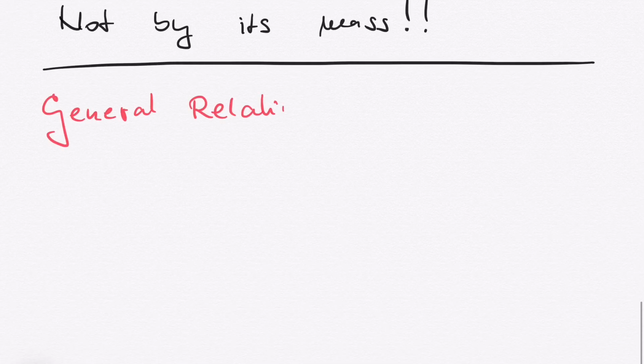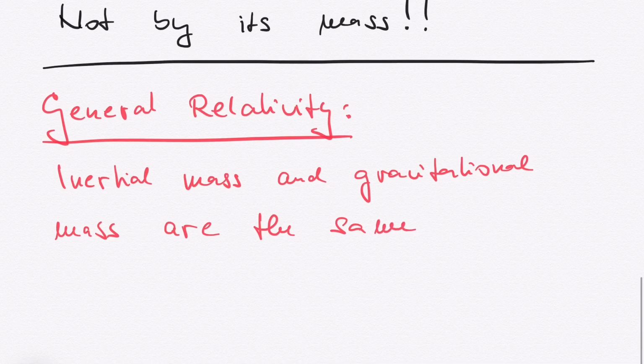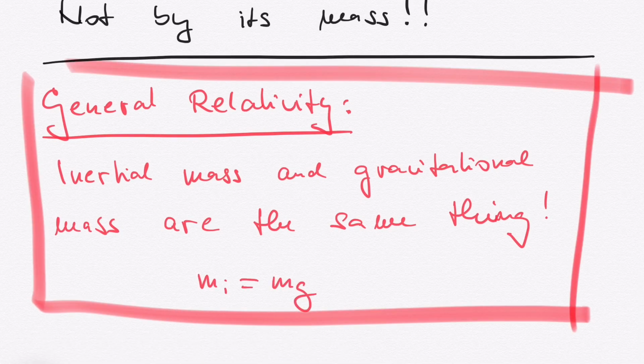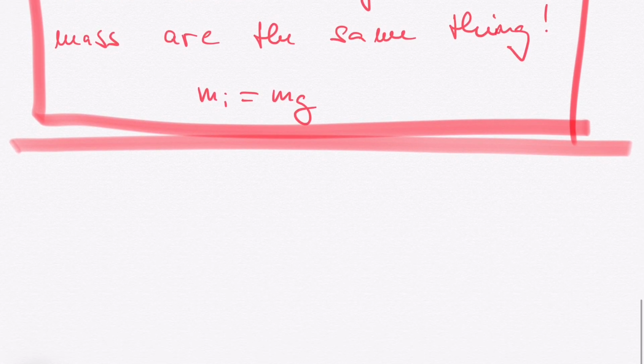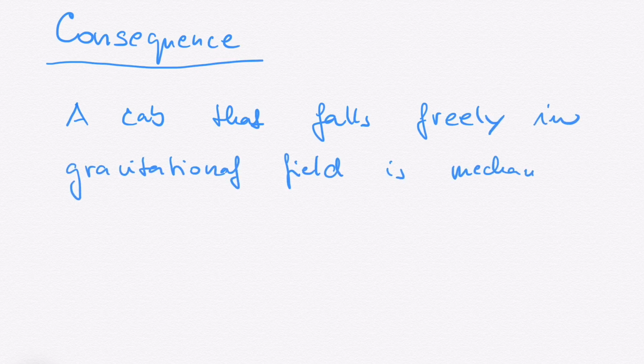General relativity pushes the idea even further by saying that the inertial mass and gravitational mass are the same quantity. A consequence of that is that a cab which freely falls in the gravitational field is equivalent to an inertial reference frame.